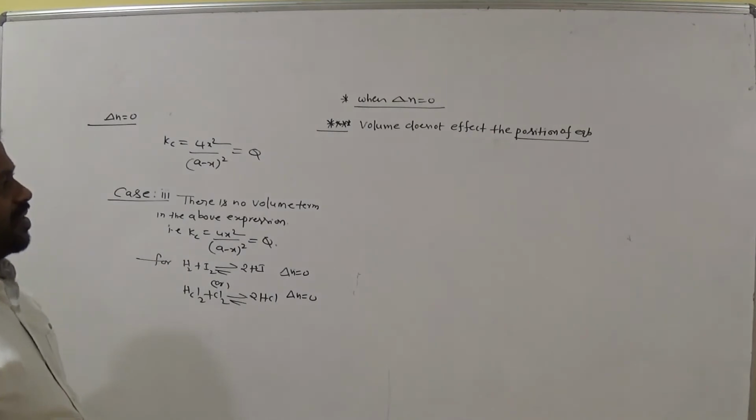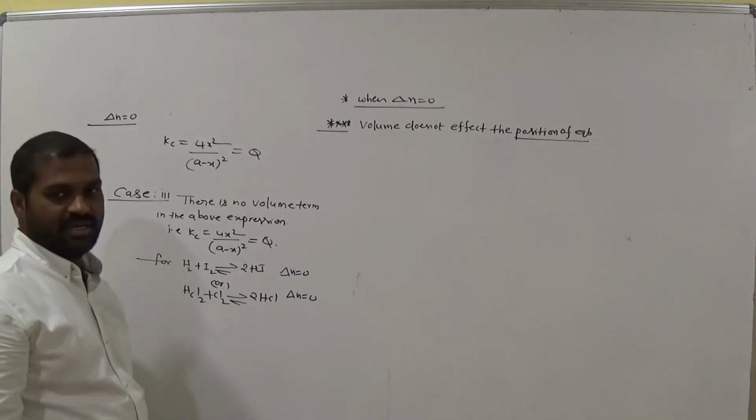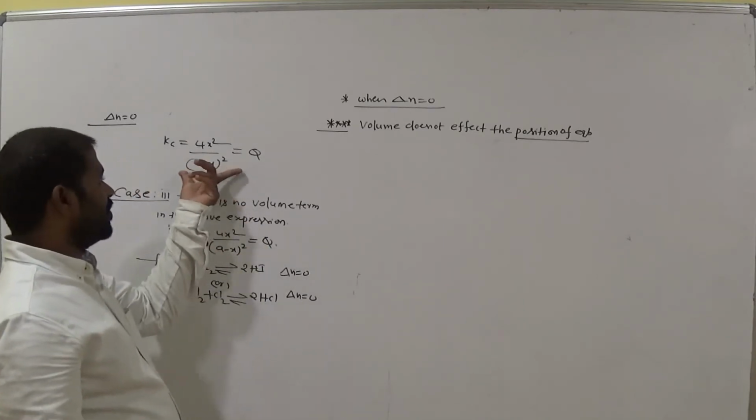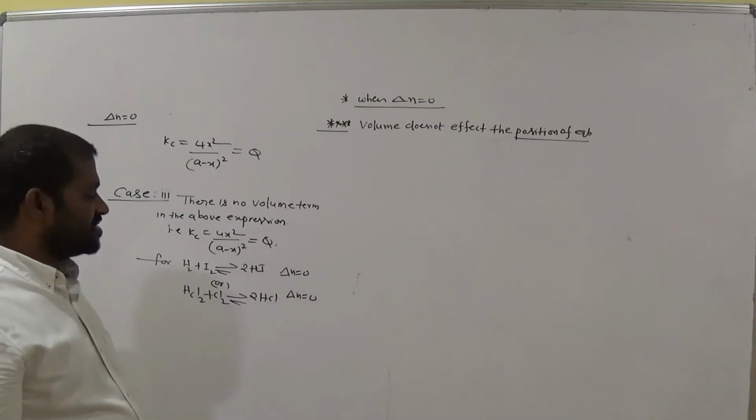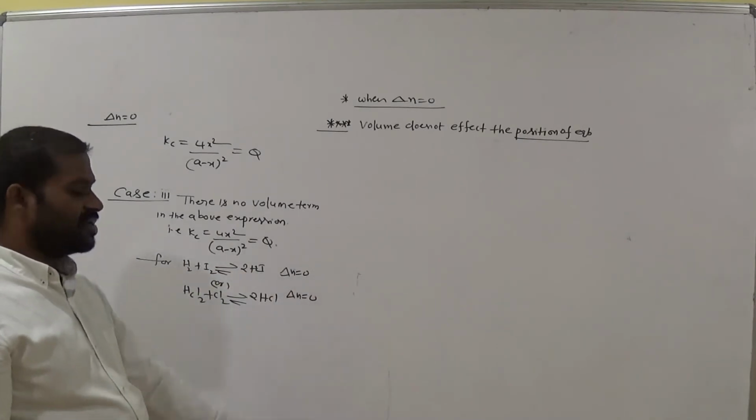Remember this. Volume does not affect the position of equilibrium in this case. Why? Because there is no volume term in this expression, where H2 plus I2 is reversible to 2HI, where delta n is equal to 0.